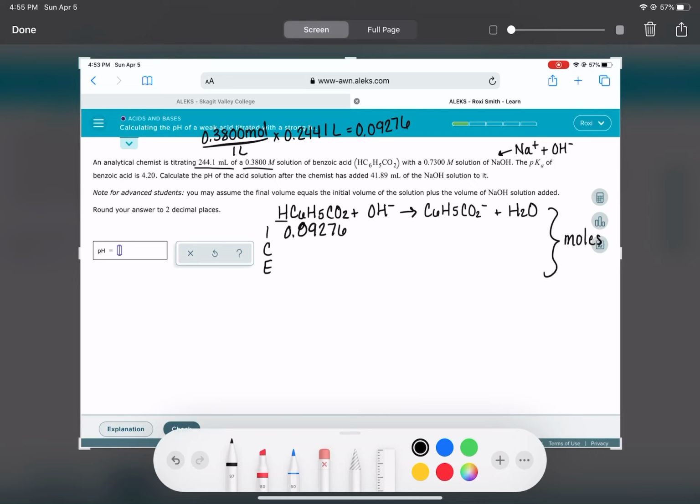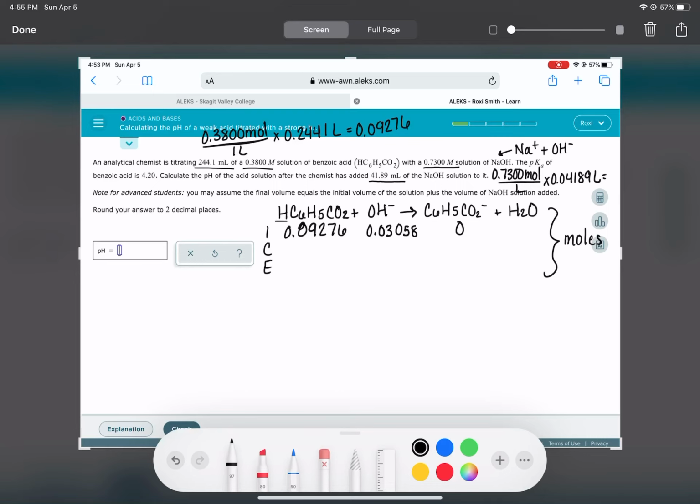And for hydroxide, we have 0.73 molar solution, 41.89 milliliters. 0.73 moles per liter times 0.04189 liters. 0.73 times 0.04189, that is 0.03058.